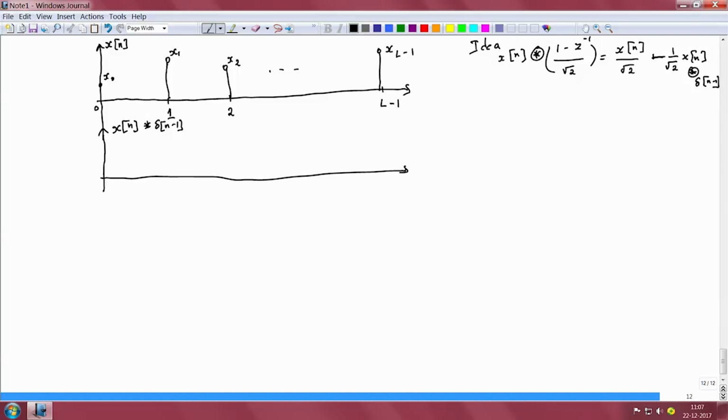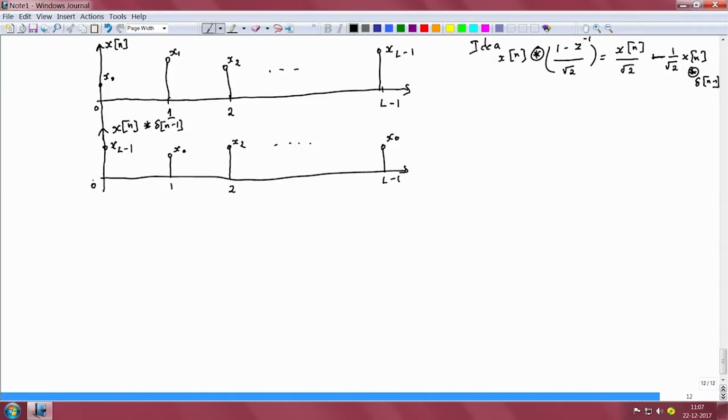So, it is going to be the circularly shifted signal. So, here we will have x of L minus 1, here we will have x naught, x 1, x 2, and the final value x 0 will come back here at dimension L minus 1.